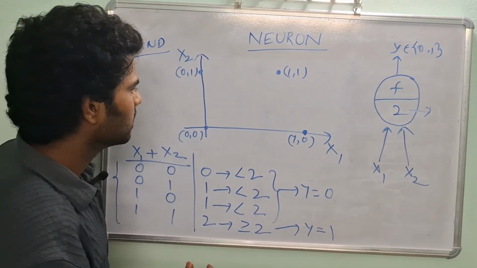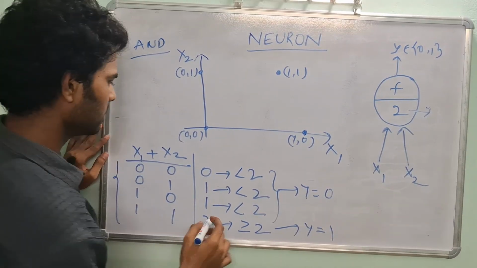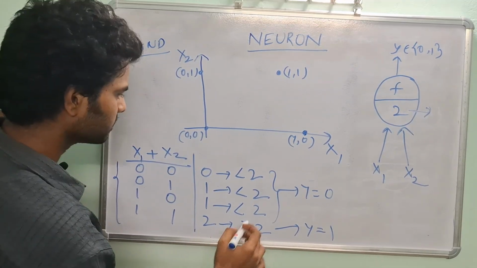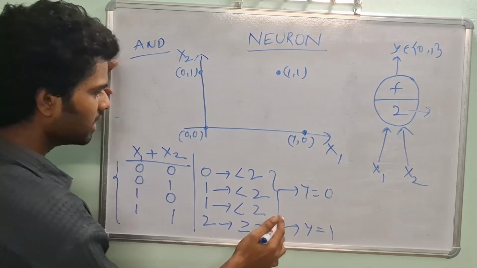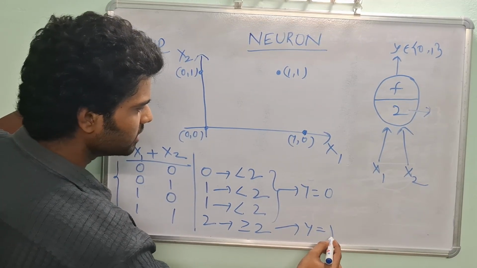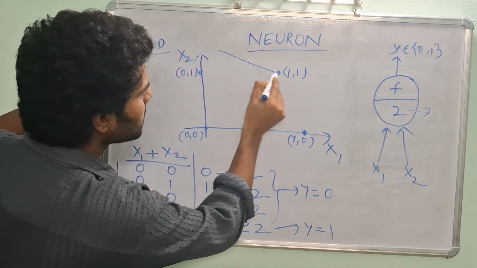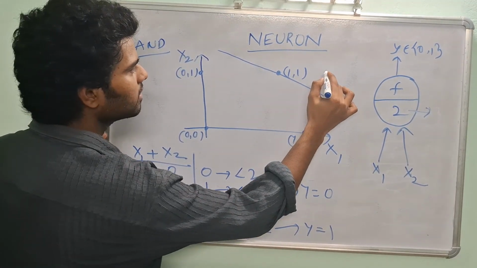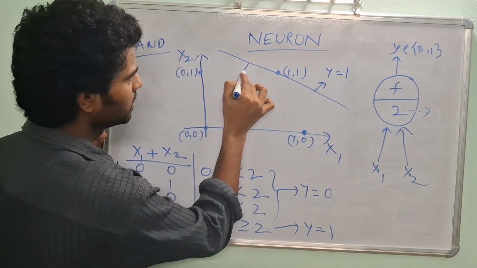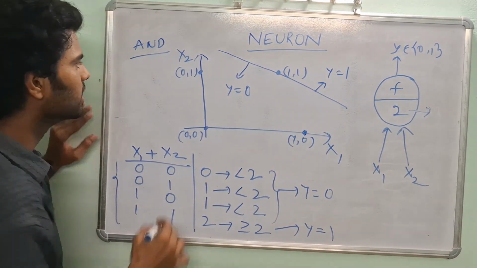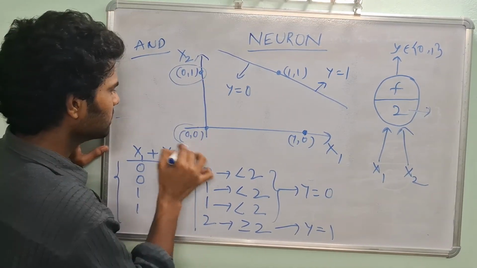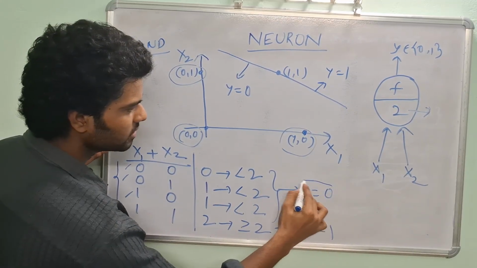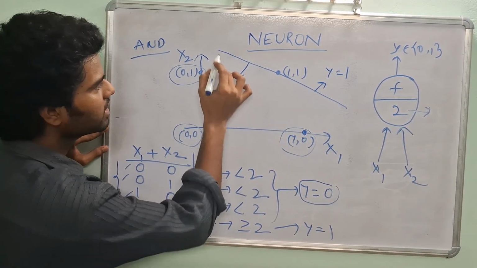Here I am drawing a line based on these 4 points. I am drawing a straight line here because above this line the output becomes 1, and below this line the output becomes 0, because in these 3 points the output becomes 0 only. That's why we are drawing a straight line here.